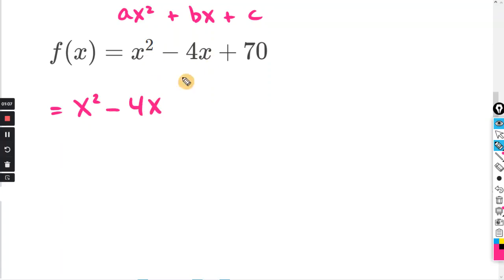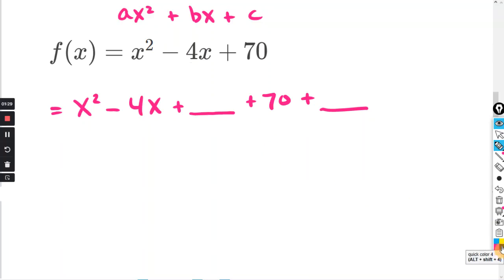So we have x squared minus 4x, and then plus 70, and then plus another space. So you want to leave a space after the x and a space after the constant term.